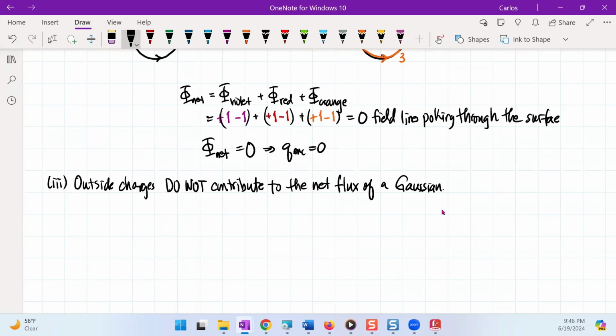So now what we want to do is suppose that we have a Gaussian that contains a collection of charges. Okay, so suppose a Gaussian, and in this case, you're going to see that I'm going to choose a cubic shell.